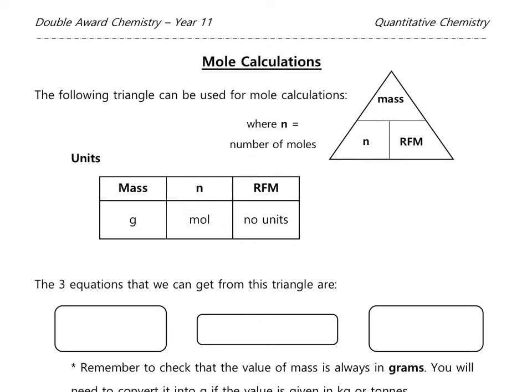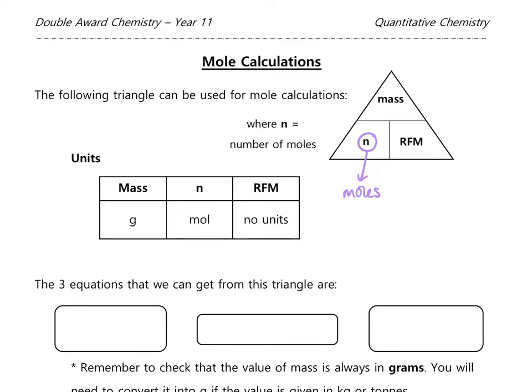I represent N as the number of moles. But in some textbooks, you'll see that that is just written as moles. They'll write moles equals mass over RFM and so on. But I just use the term N. It's just a little bit simpler, and when we're doing calculations, it's a bit more concise. So this is our equation triangle for moles calculations.